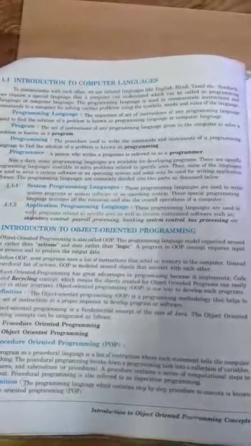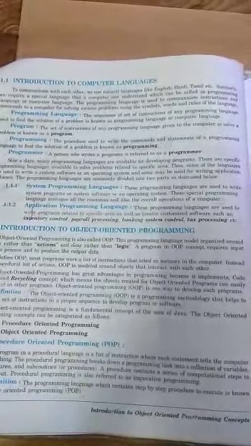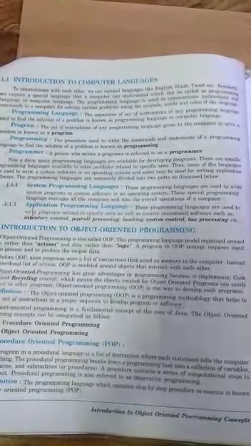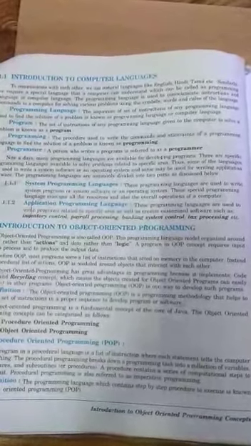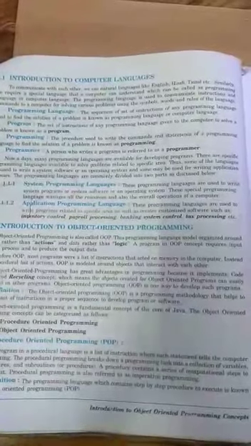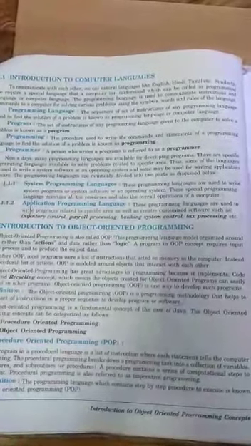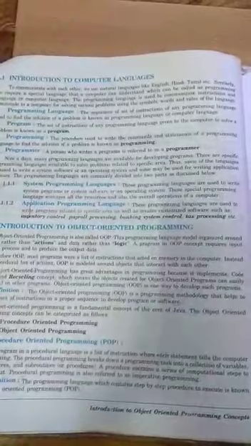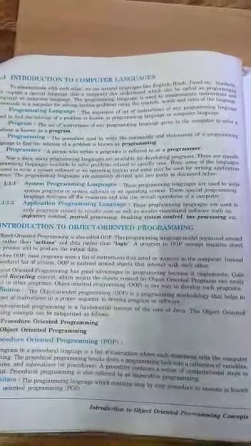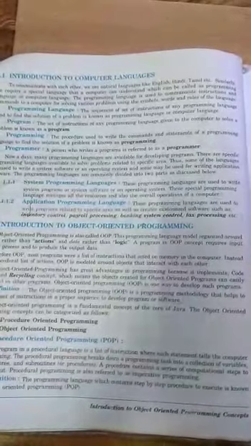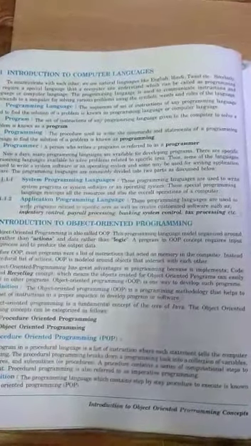Now comes the application programming languages. As the words say, application programming languages, from this only we are getting the answer: applications. The applications are different softwares which we are using in our daily life. Like everyone is using the banking system in order to do transactions, to withdraw the money, to deposit the money.